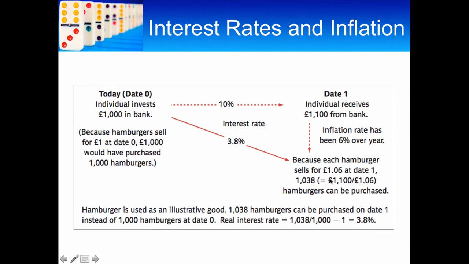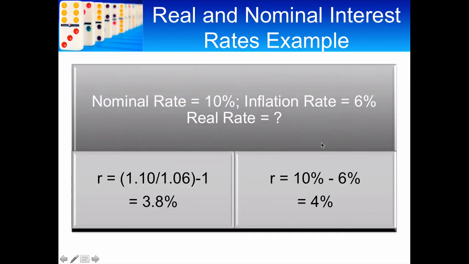That's this formula here. If we were to just use the real interest rate directly, then 1,000 invested at the real interest rate of 3.8% is 1,038. So you've got the exact same endpoint. It's just the way you go that is different.